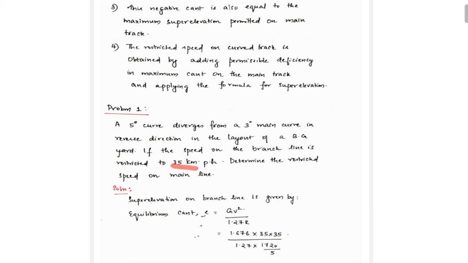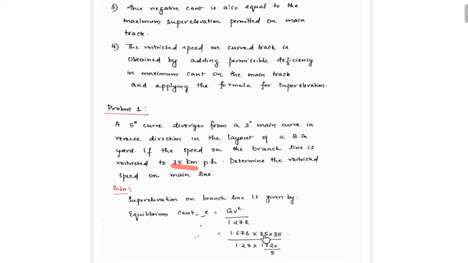With this restricted speed, you can find out the elevation to be provided. We know that the super elevation on the branch line can be found out by the equation E is equal to GV square by 1.27 R. That is to be found out first. So let us see. Since it is a broad gauge track, you know the G value will be 1.676. V is given as 35.